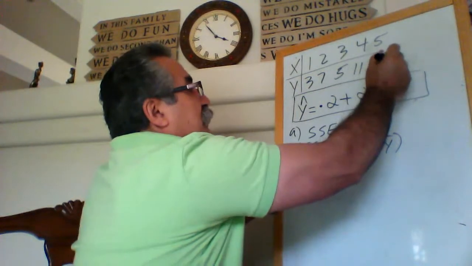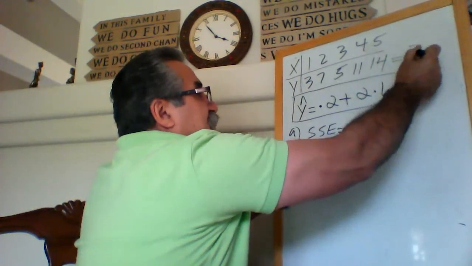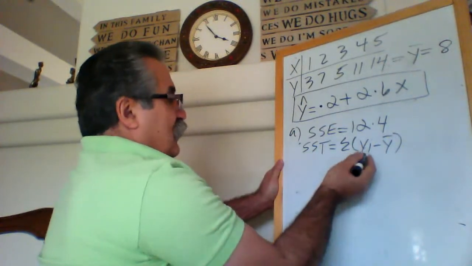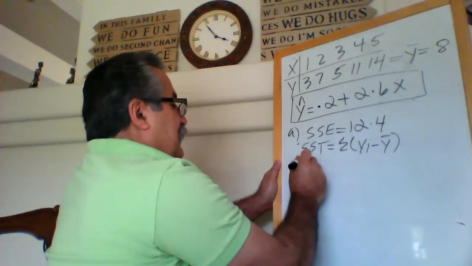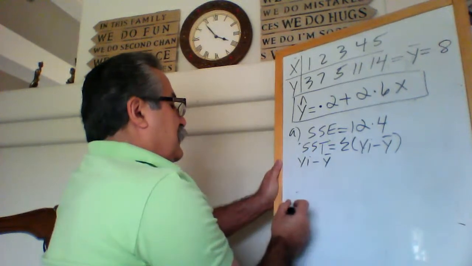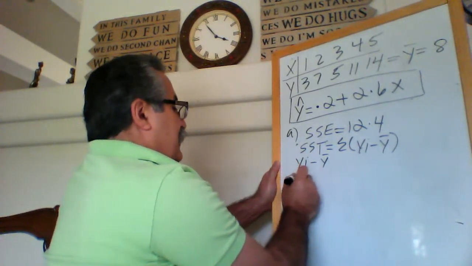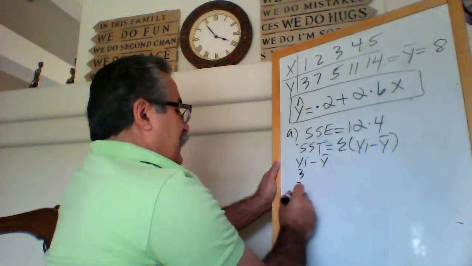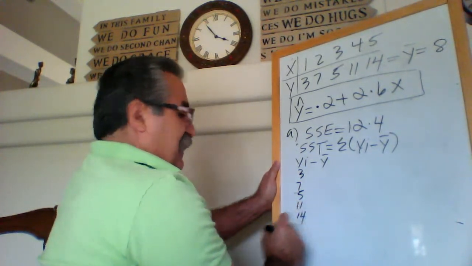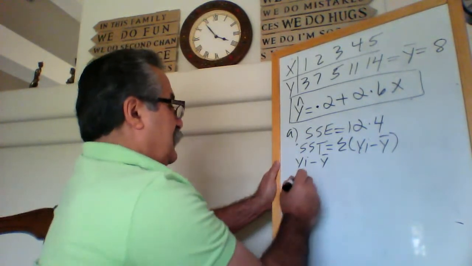Those of you who remember, y bar is equal to 8. So yi minus y bar: 3, 7, 5, 11, and 14, minus 8.